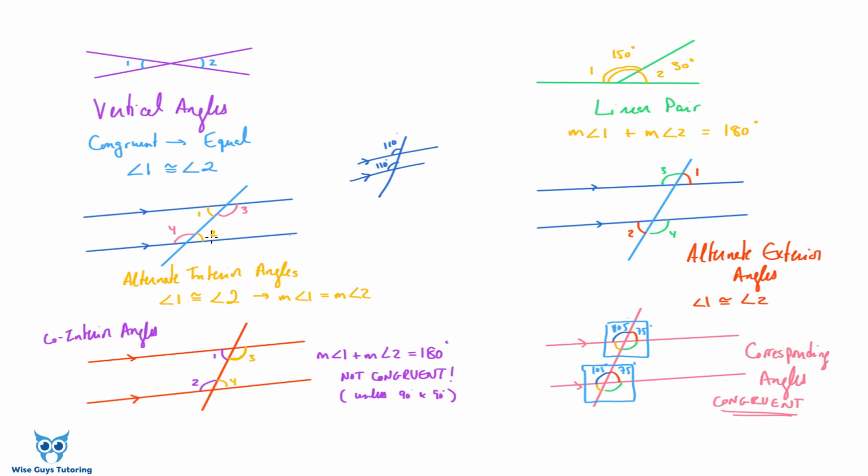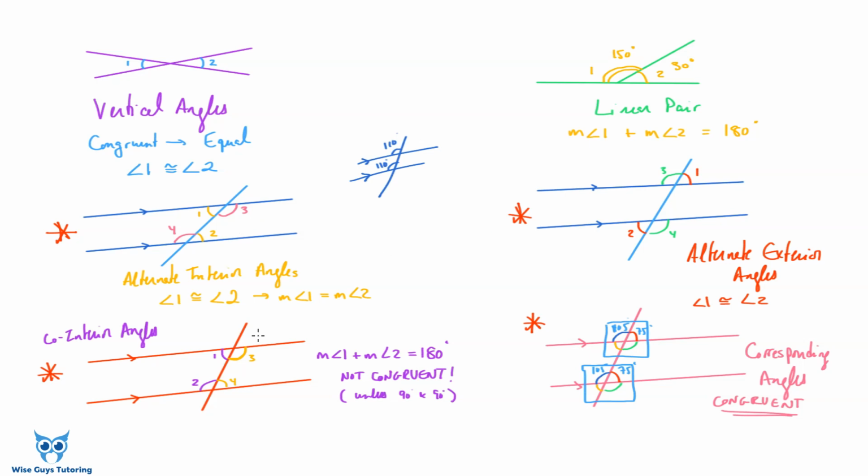So either they give you two parallel lines, and we can be sure that these angles are congruent, like alternate interior, and the co-interior will add up to 180, or they can give us the angles and we can make the same inference about the lines being parallel. The conditions I'm talking about are congruent alternate interior angles, congruent alternate exterior angles, supplementary co-interior angles, which means they add up to 180, and congruent corresponding angles.